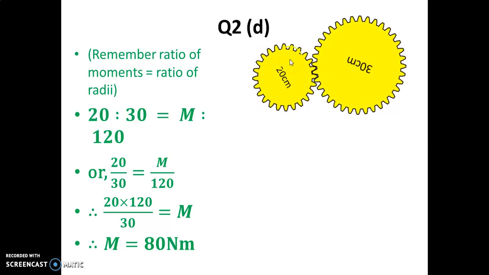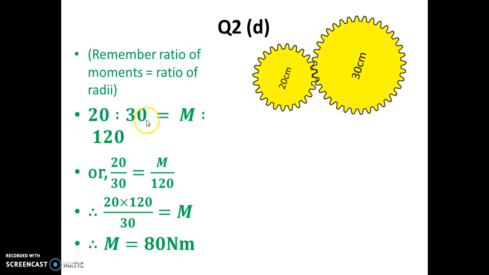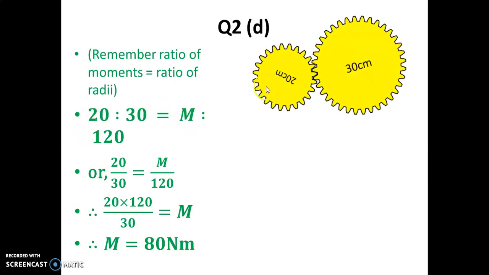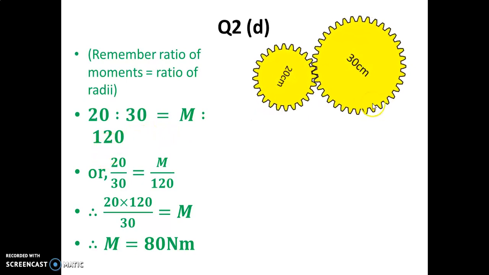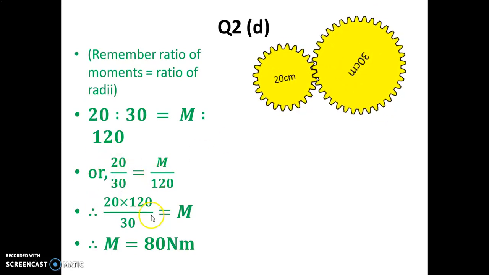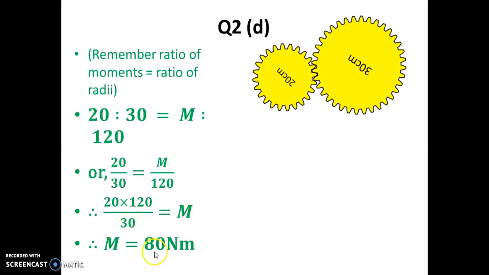We have a 20 centimeter wheel here, and a 30 centimeter wheel over here. 20 to 30 is equal to the moment of the 20 centimeter gear wheel, which we don't know yet, to 120 Newton meters, which is the moment for the 30 centimeter wheel. If you rearrange this formula to make M the subject, you will get 20 multiplied by 120, divide that by 30, and that should give you 80 Newton meters for 2d.